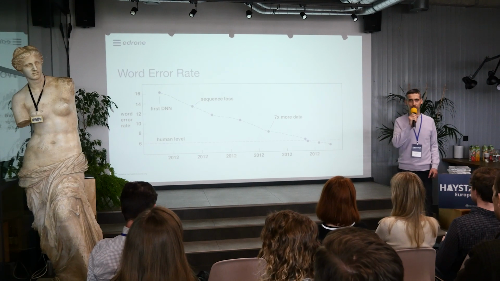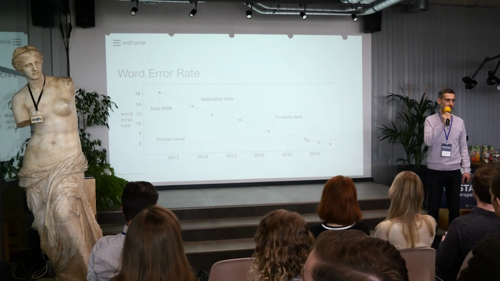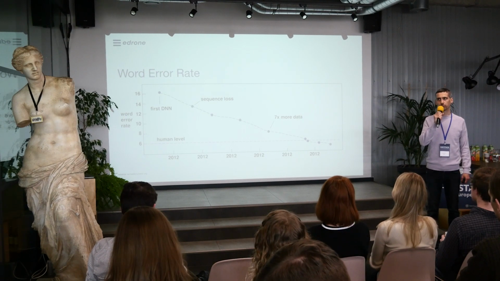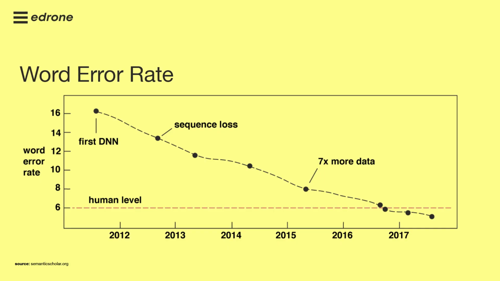Now, as with all this kind of statistics, the devil is in the details. This is a test set. Switchboard, if I remember correctly, that's one of the classic ones. If you ever used ASR, you know that they are not as good as humans just yet, right?